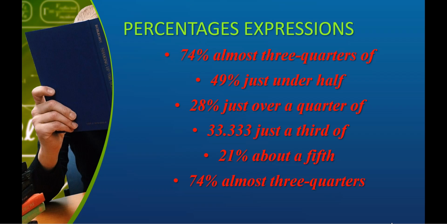Let's say 33, more than just a third of. 21%, about a fifth. 74%, almost 3/4. So guys, as I've told you, once again, you cannot write 71, 72, or 70, 19, 15, or something like that. You are not able to write like this. You will decrease your score.